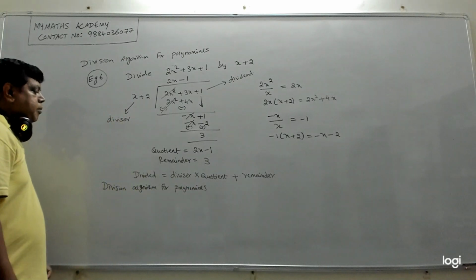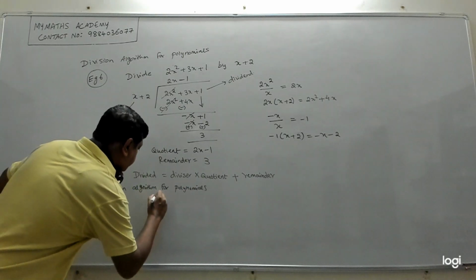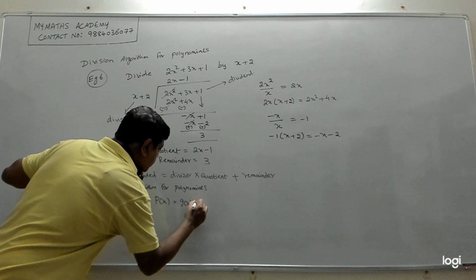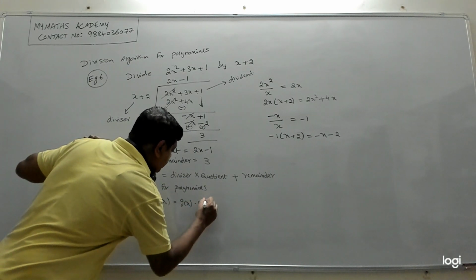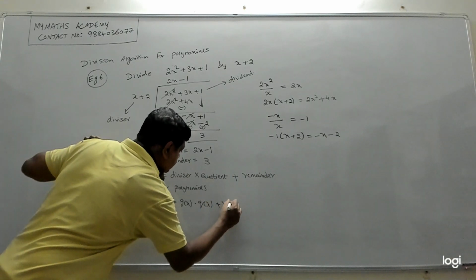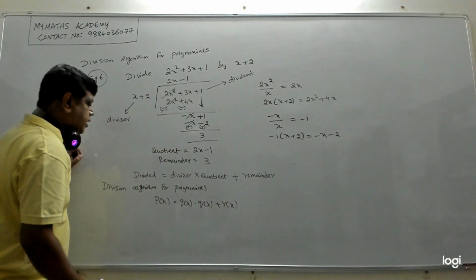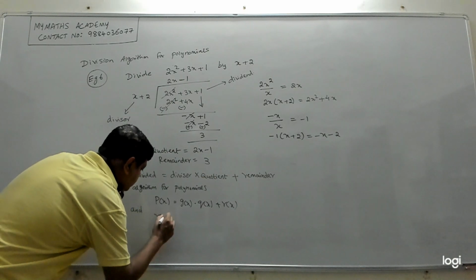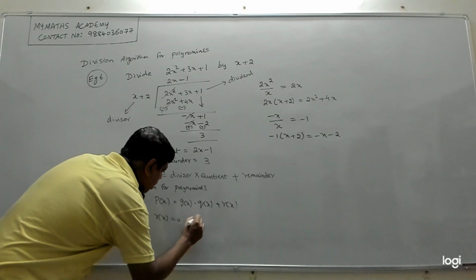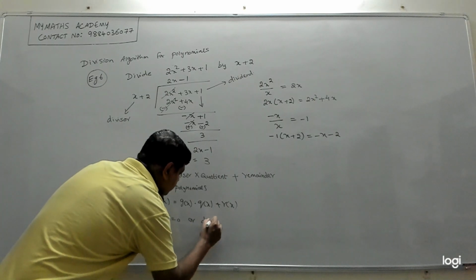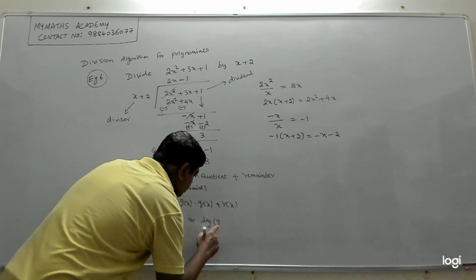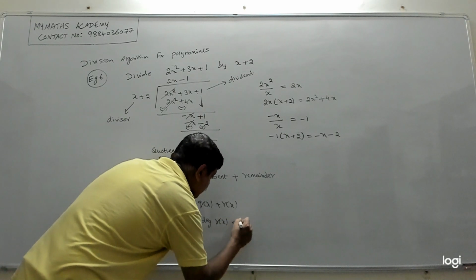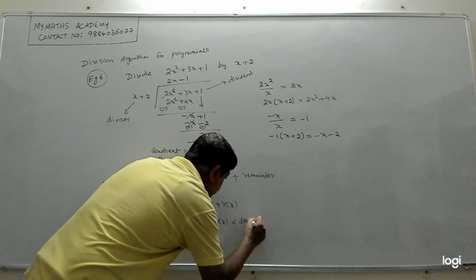Division algorithm for polynomials says that p of x equals g of x into q of x plus r of x, and either r of x is equal to 0 or the degree of r of x is less than the degree of g of x.